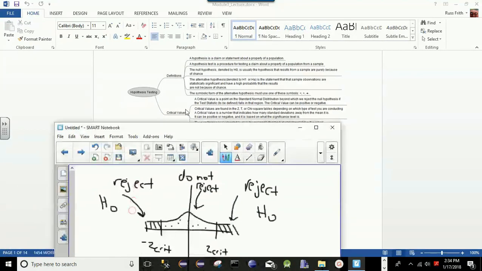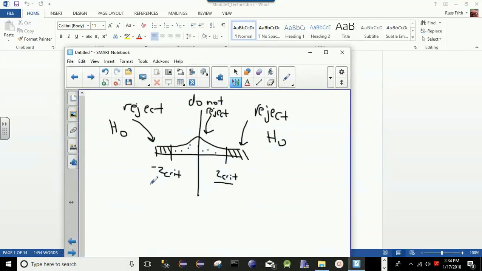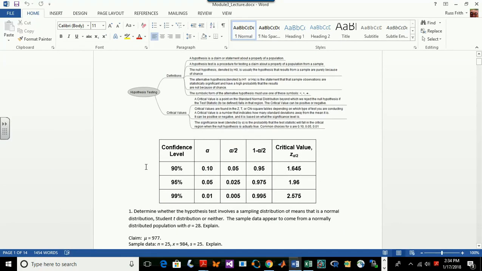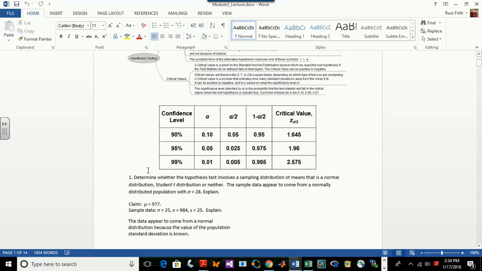And if you want to plug in numbers, this would be minus 1.645, and then this would be 1.645. Okay, so that's how the critical values are analyzed.